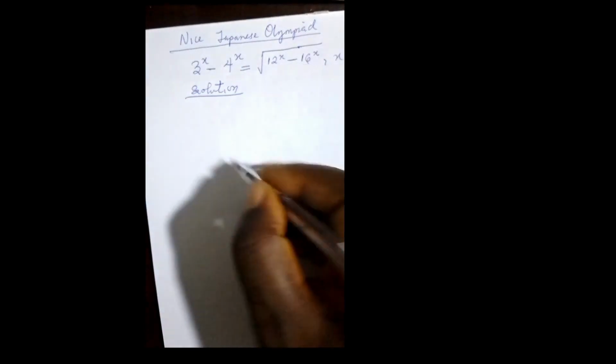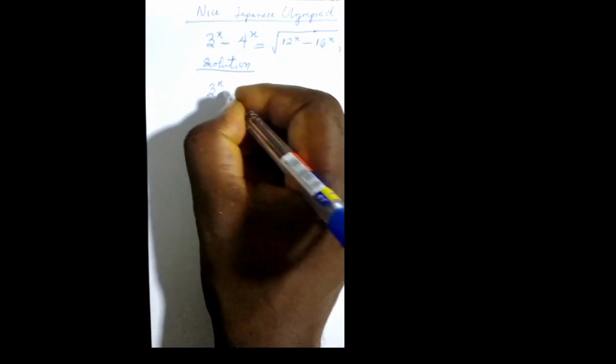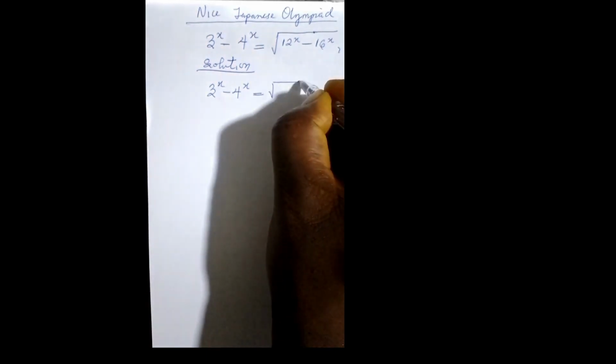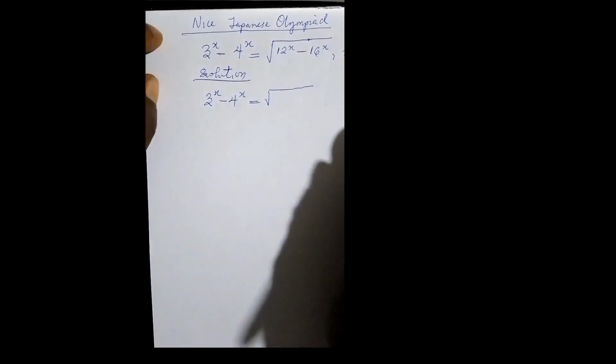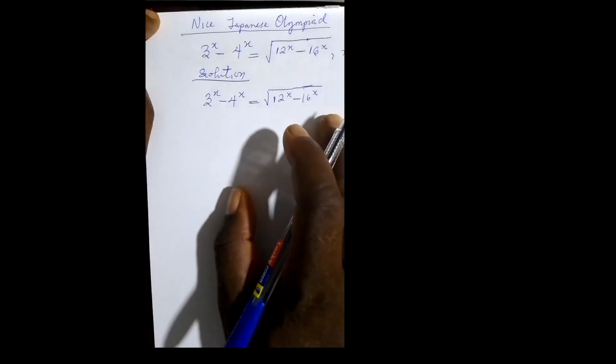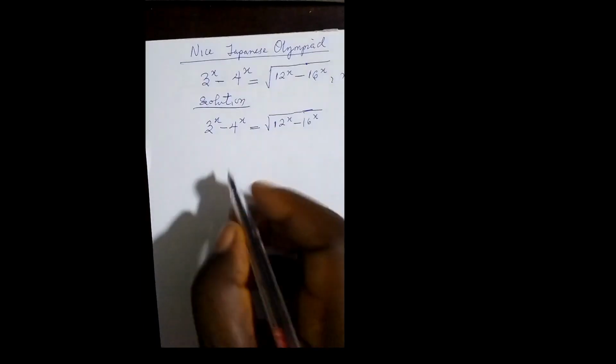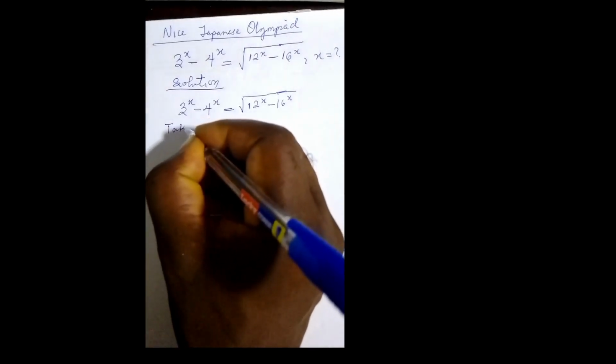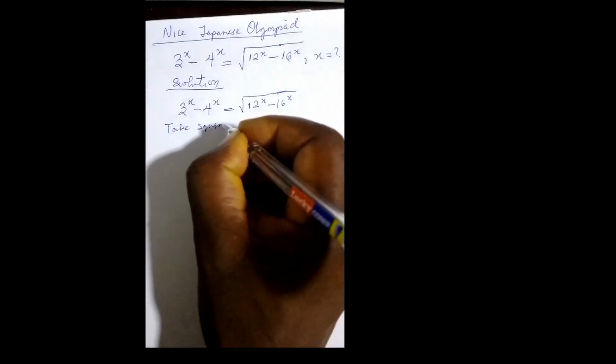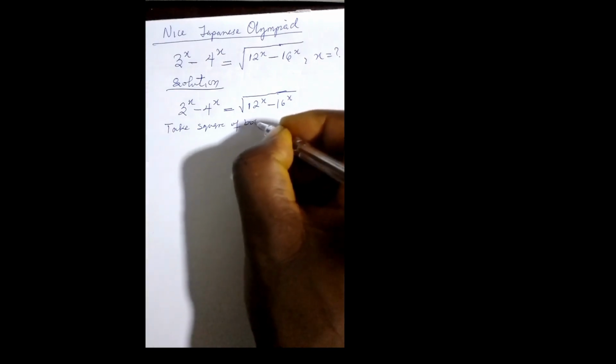So first we bring down the question and we write that 3 to the power of x minus 4 to the power of x equal to square root of 12 to the power of x minus 16 to the power of x. The next thing we do is take the square of both sides.